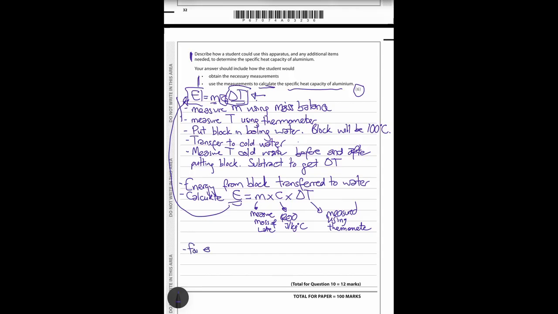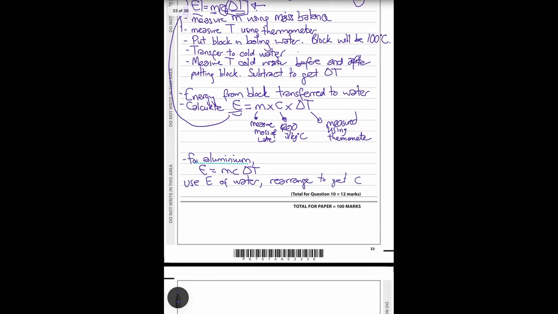So then for the aluminium, or for the block, I know that E equals mc delta T. So I worked out the E, so I'll use the E of water and rearrange to get C, and I'll just move down here. Maybe there's going to be space down there a little bit.